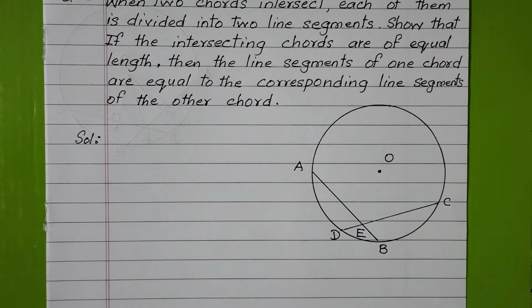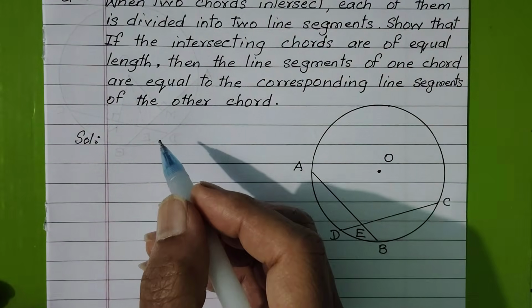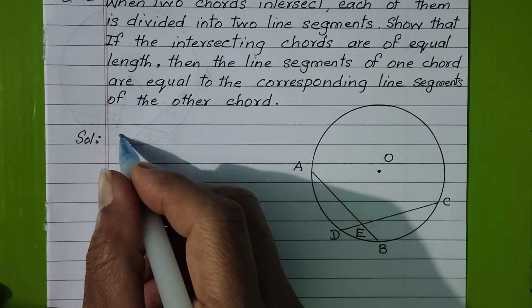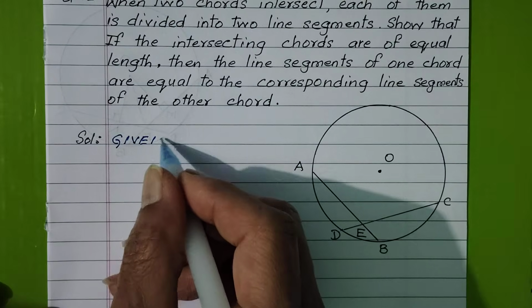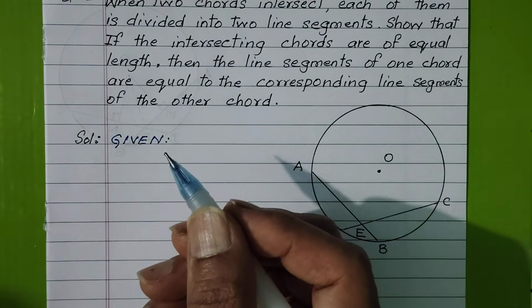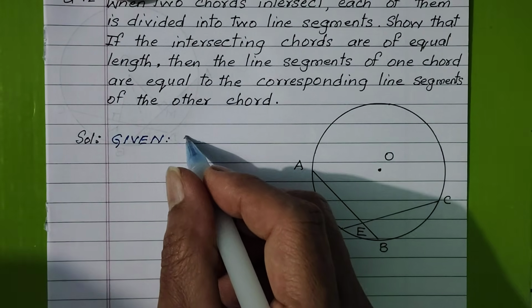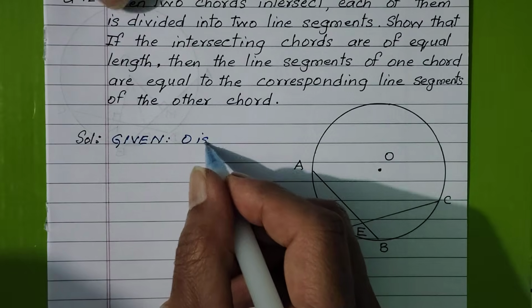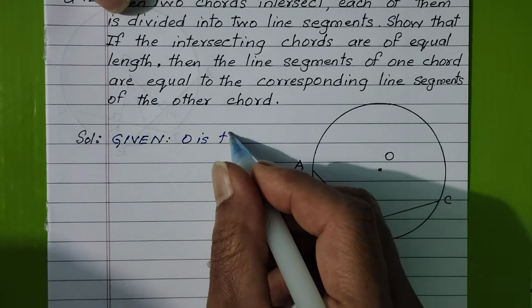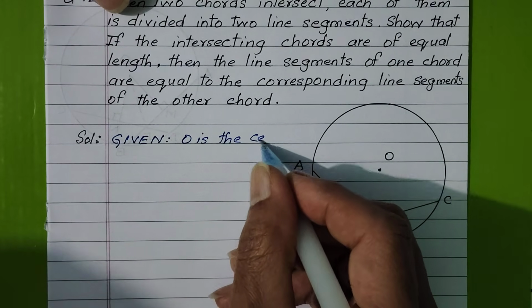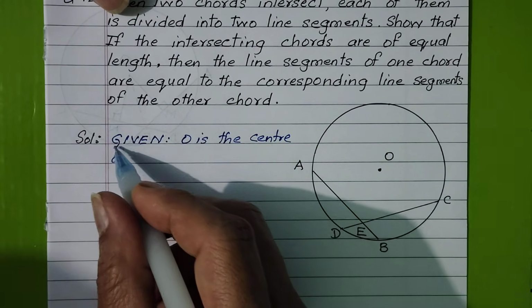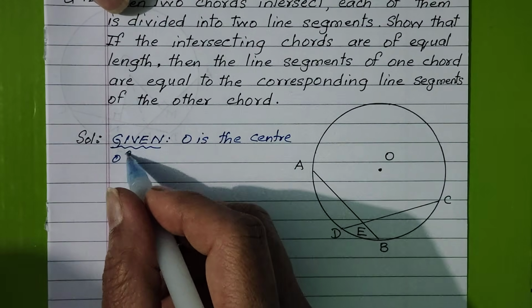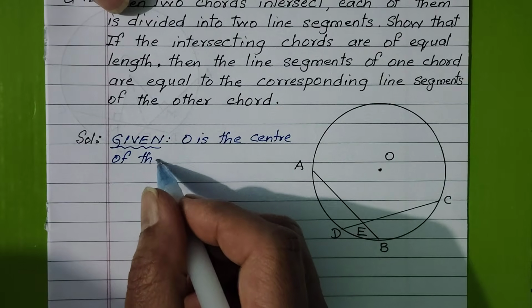First, we'll write what is given to us. Given: O is the center of the circle.